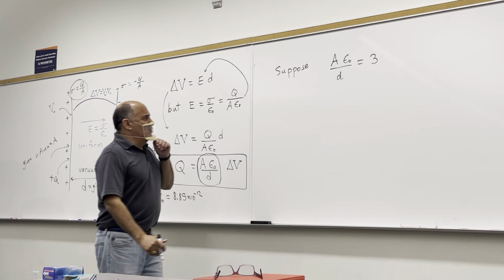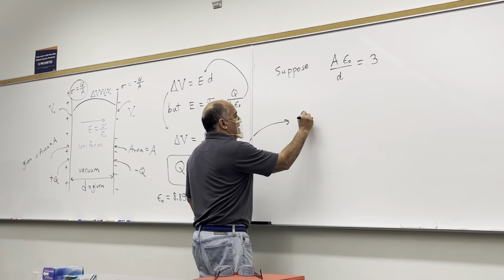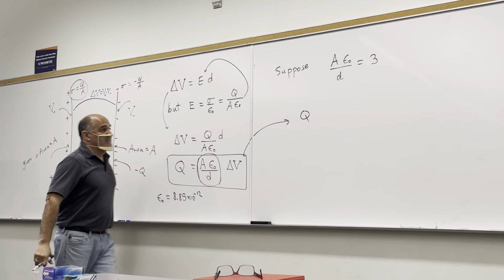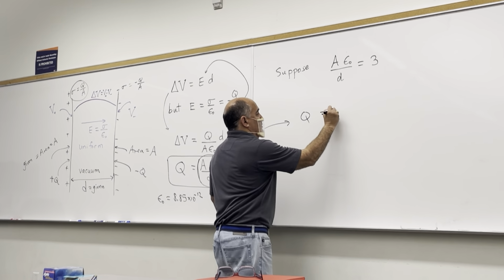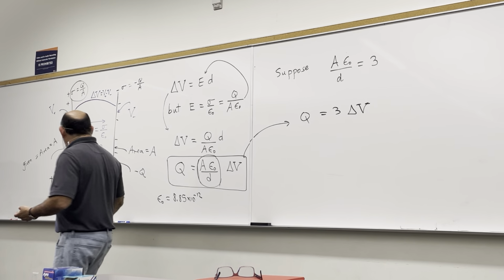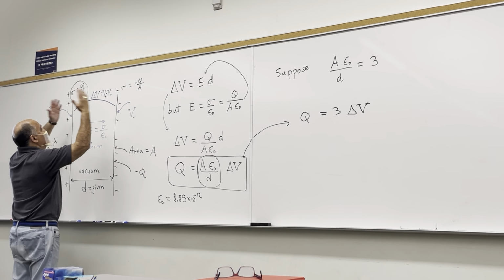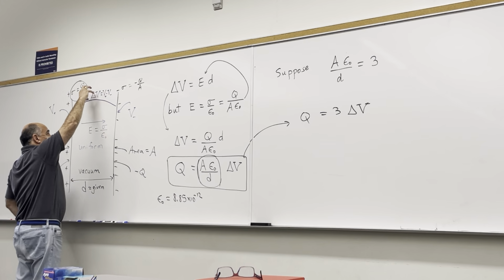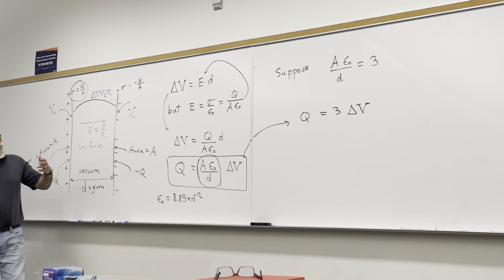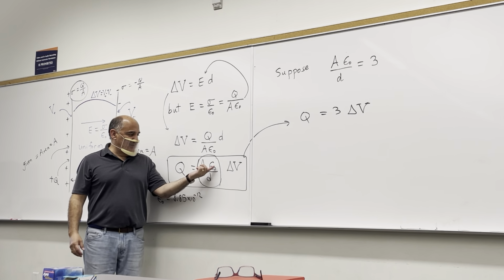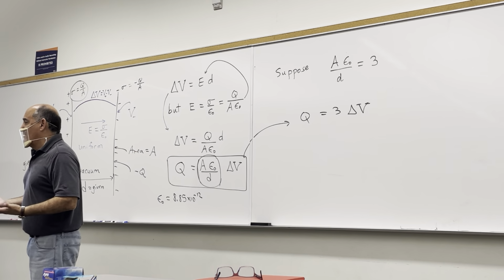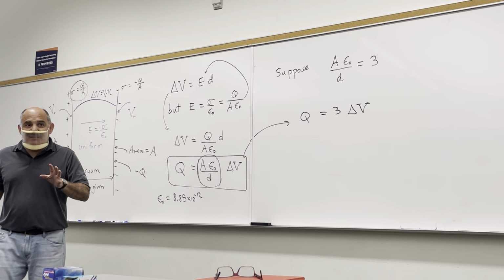What this equation says is that the magnitude of the charge on these plates is 3 times the potential difference between the two plates. It is a relationship between the magnitude of the charge on either plate and the potential difference between the plates. And that A epsilon naught over D, that 3, is just a proportionality constant. So all it says is the following.